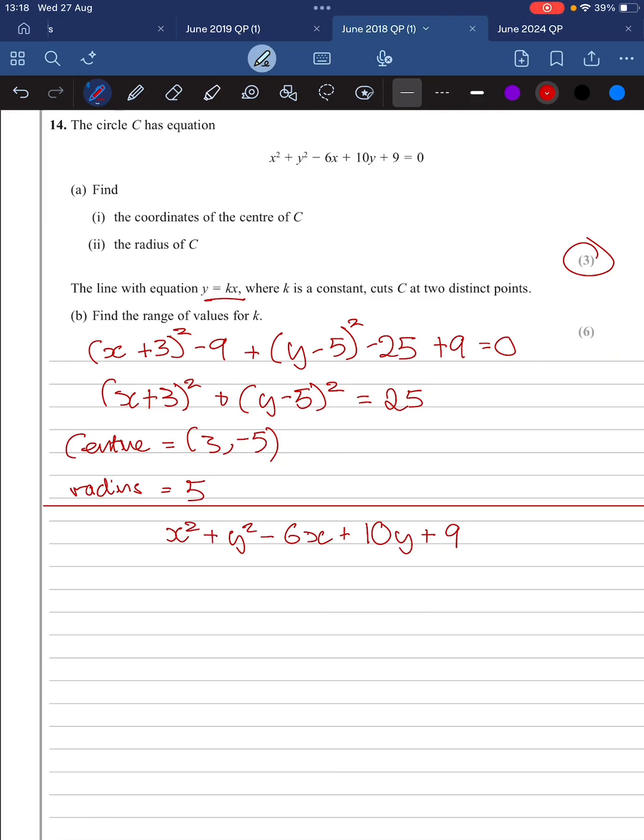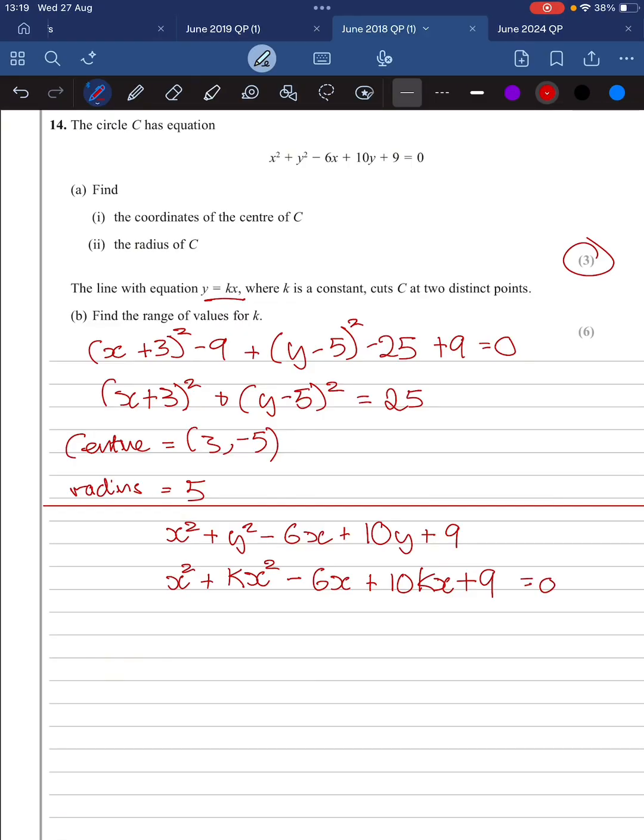We wouldn't be wrong, I mean, it's the same value, right? So x squared plus kx squared minus 6x plus 10kx plus 9, okay, equals 0.